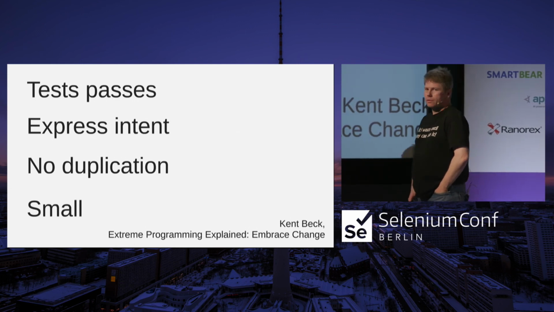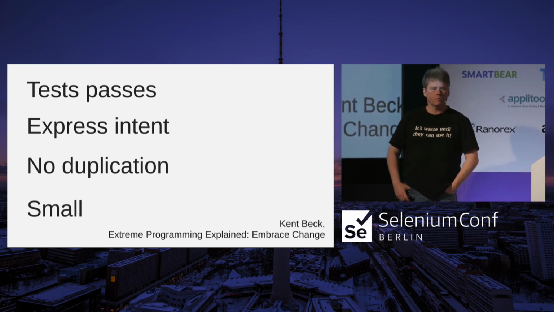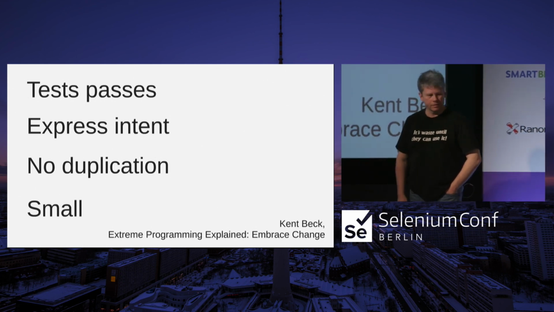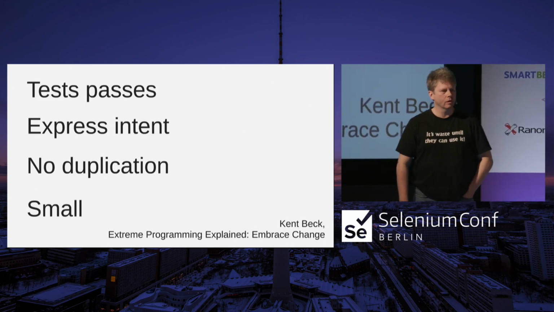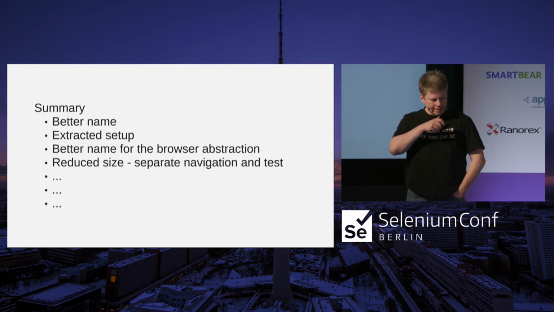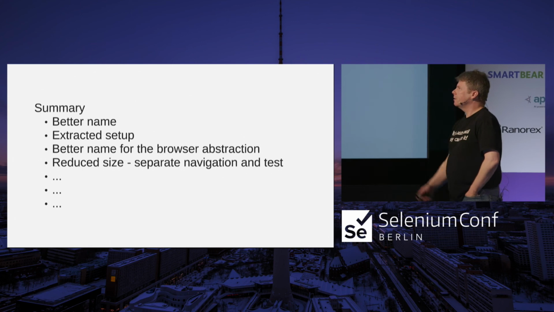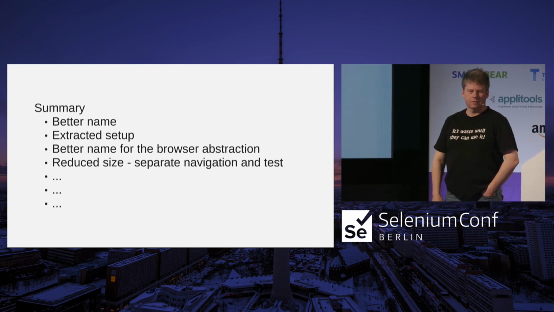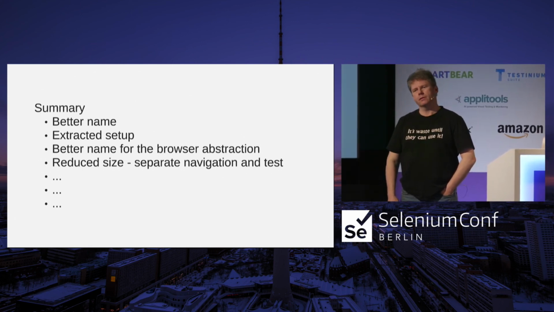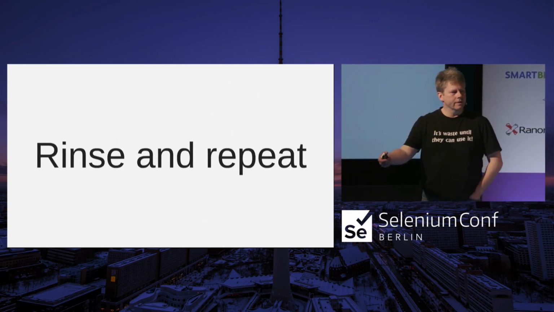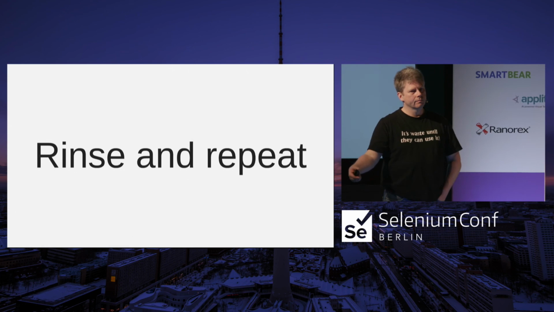So these are the rules: test passes, clarity, duplication, and finally, as small as reasonable. So, change the name, extracted setups, better name for the browser abstraction, and so forth. The thing here is that you do this, and then you do it again, and again, and again.